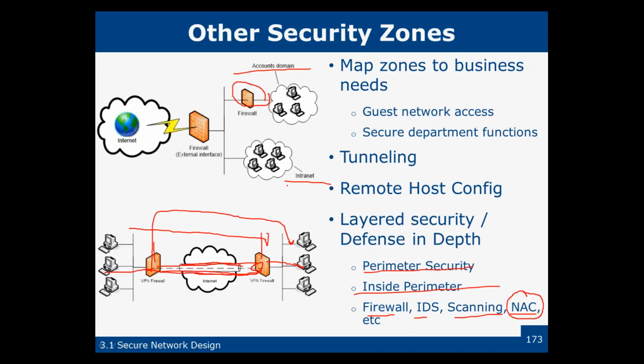The perimeter security would be what we do out here with the external firewall. The internal perimeter would be the internal firewall or internal router that we use with these things.